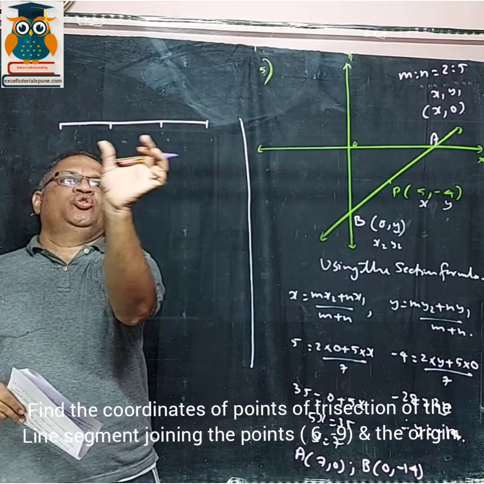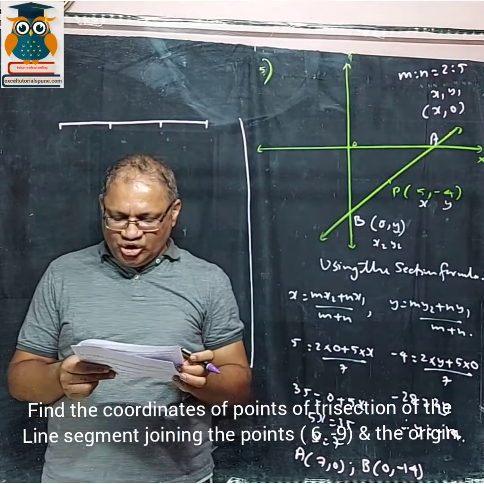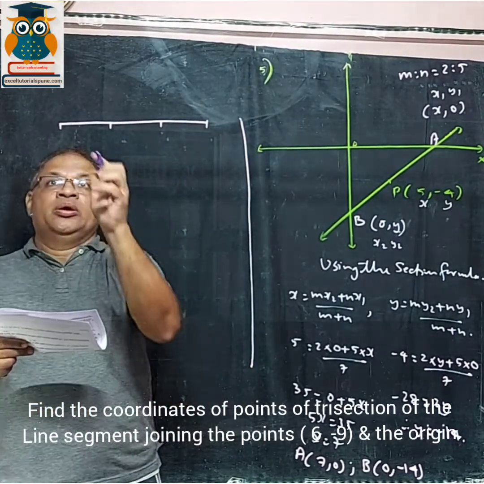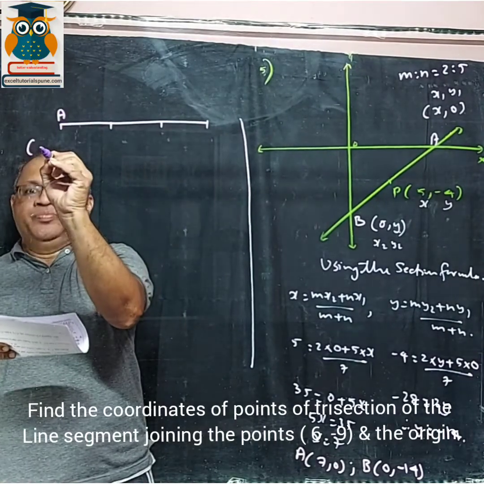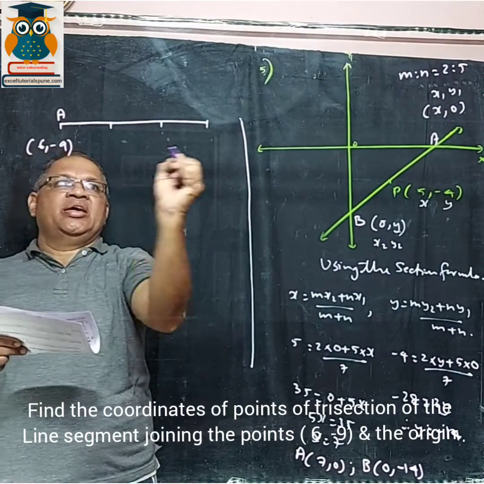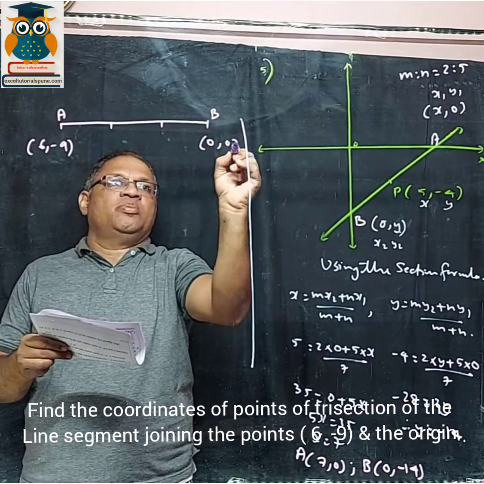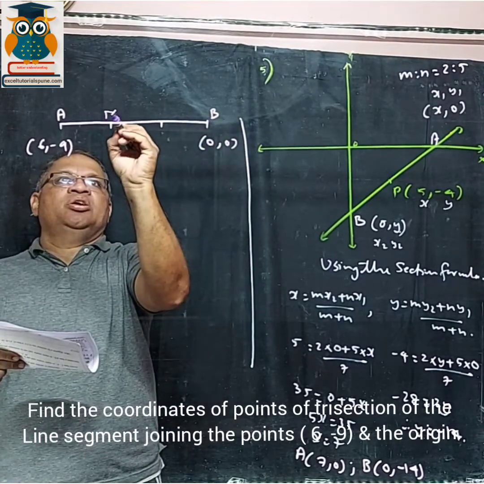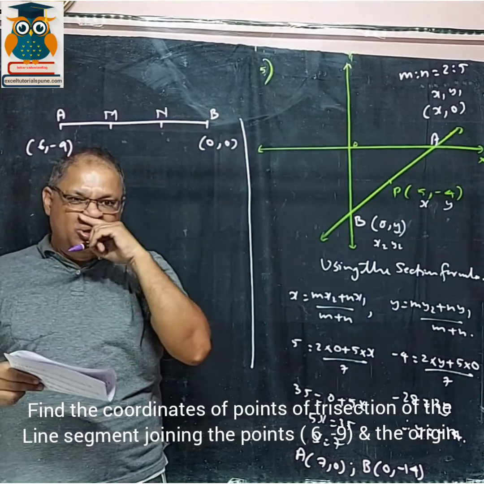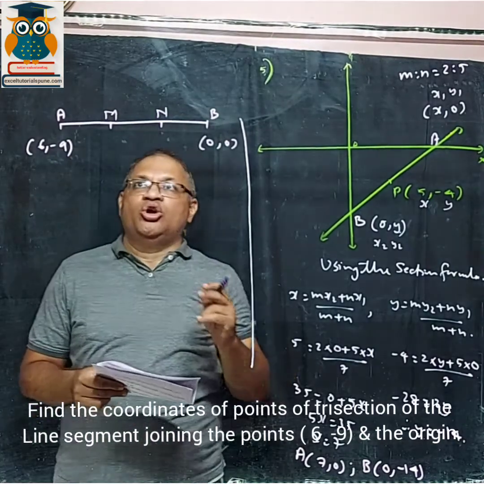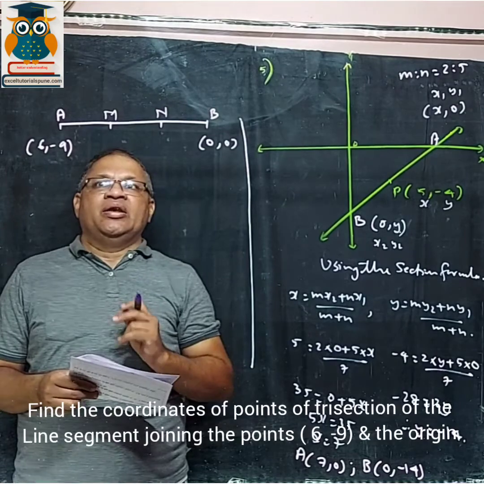A line divided into 3 parts is known as trisection. So let's take this as A, 6 and minus 9. Let's take this as B, origin, that is 0, 0, and here M and here N. So you have to find out the coordinates of M and N.